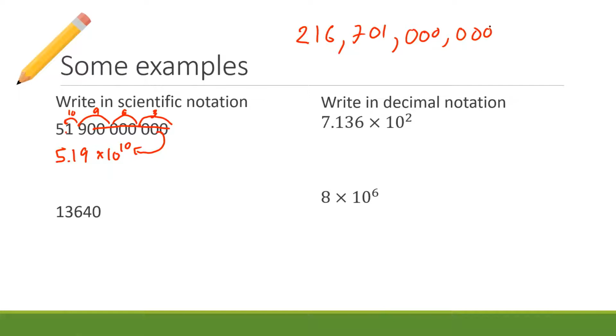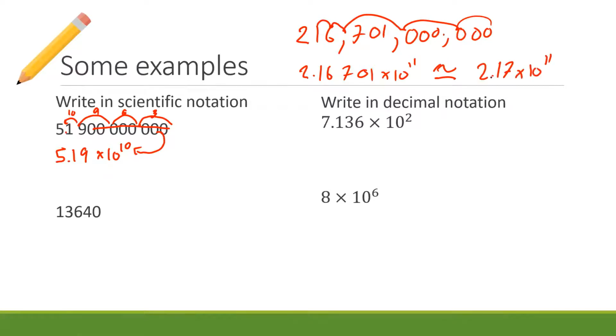Normally what you would do with this type of number is say 2.16701 times 10 to the power of 3, 6, 9, 10, 11, times 10 to the power of 11. But to be completely honest with you, what we would usually do, especially in engineering, is we'd probably do this: 2.17 times 10 to the power of 11.